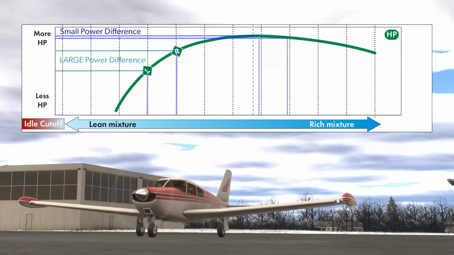But now that corresponds to a much larger power difference. And that's what we feel as roughness when you lean far enough. All you're feeling is different power output on different power strokes, different power pulses from each cylinder. Each cylinder here is fine independently, but we're not going to hang out here because of the roughness. And that becomes an obvious feeling.